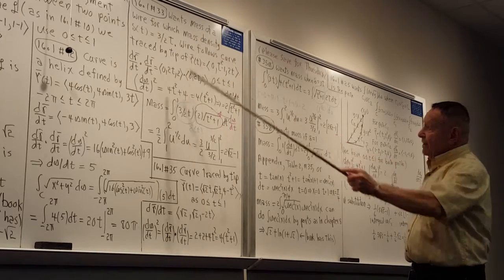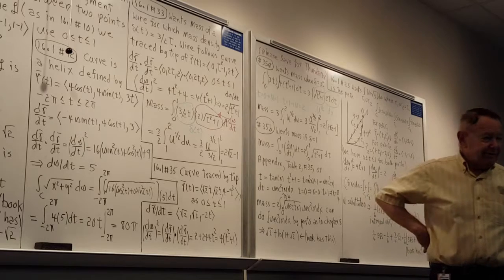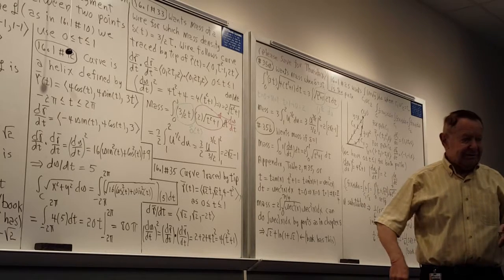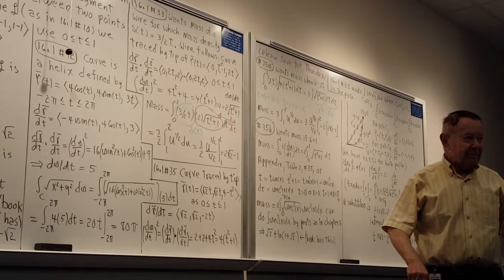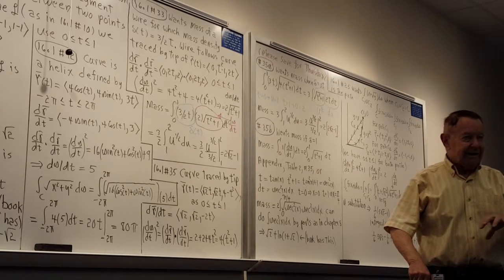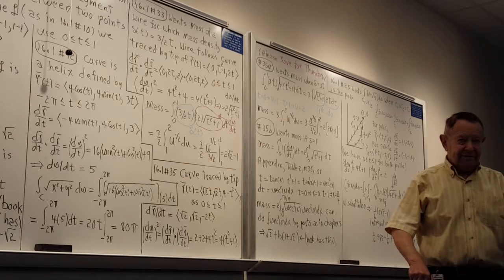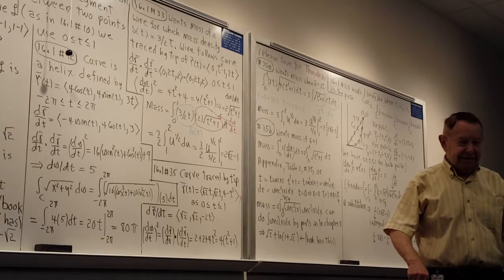So what we're thinking of is that one application of the line integral is, if you think of your curve as a wire, then your line integral along that curve from one end to the other will be the mass of the wire if what you have is a function that gives the density.